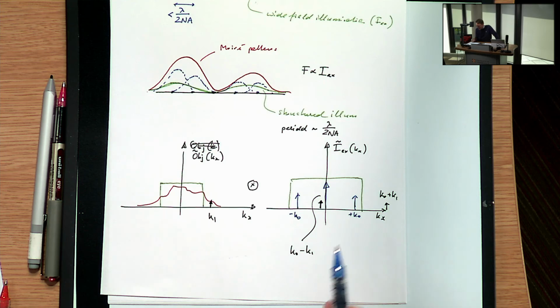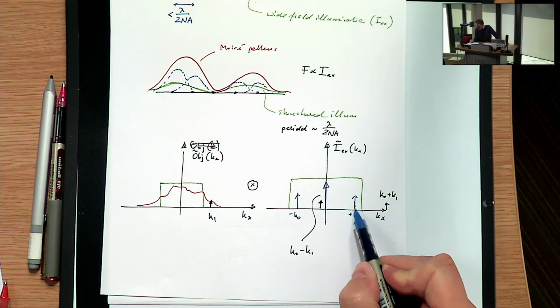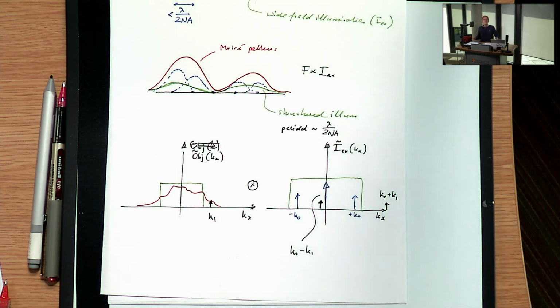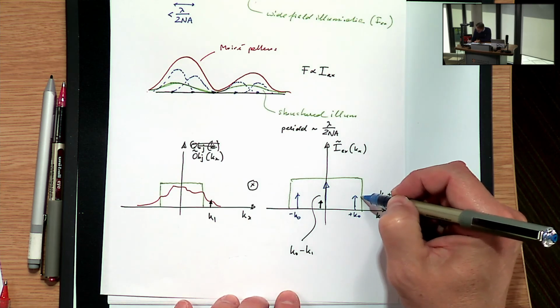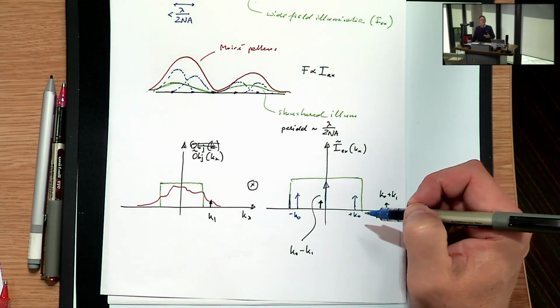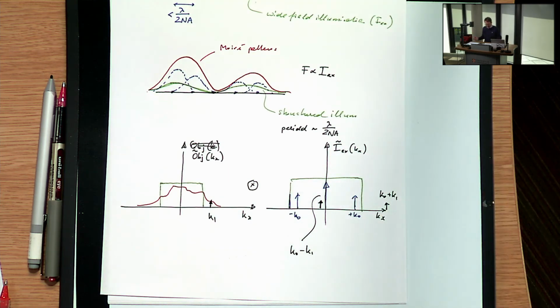It is determined by how large K0 is. The larger K0, the higher the spatial frequency I can put through. And the biggest K0 I can put in is at the limit of the optical transfer function, given by lambda over 2NA.